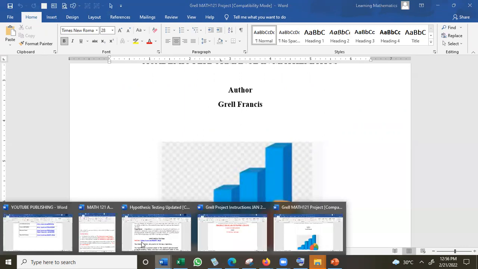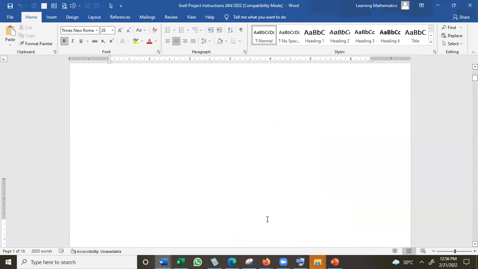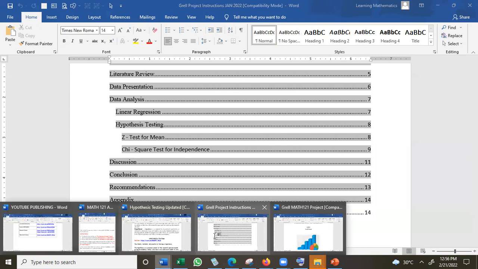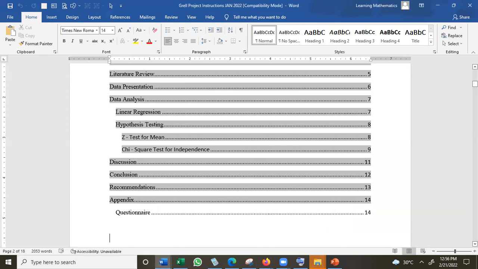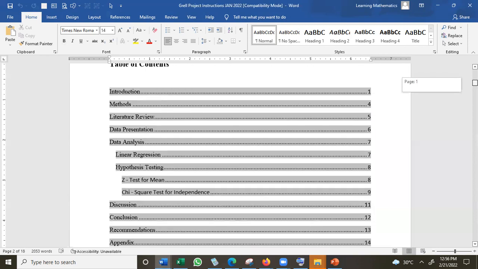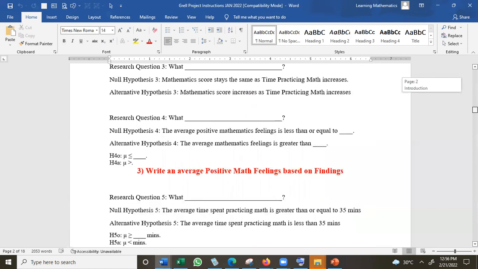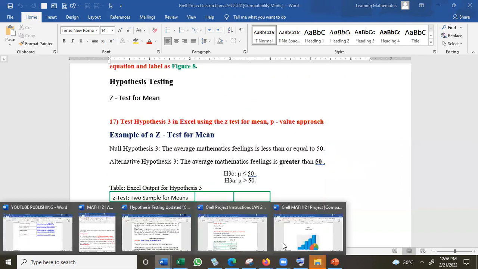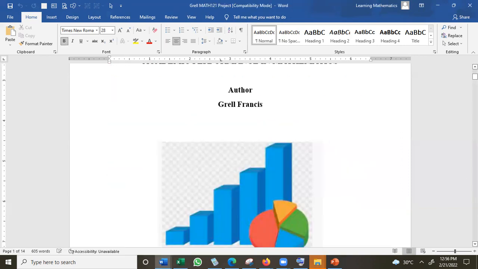Now the next step, that's step number... Oh, by the way, the table of contents. Your table of contents, I pre-programmed it, I inserted it. So as you are putting stuff inside of your project, you'll be customizing your project.